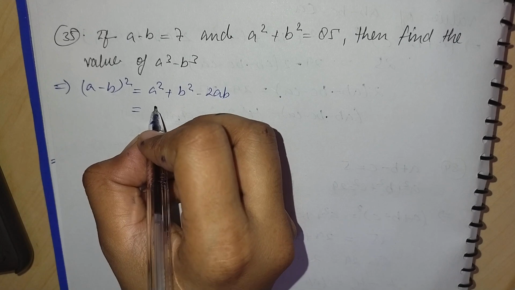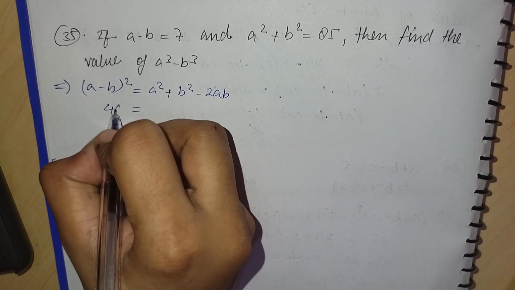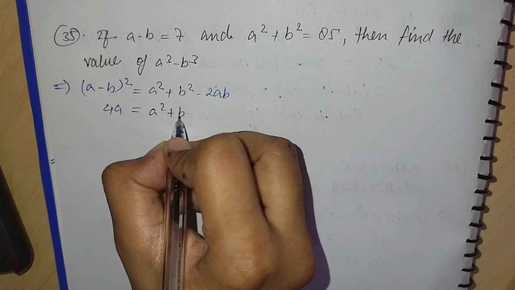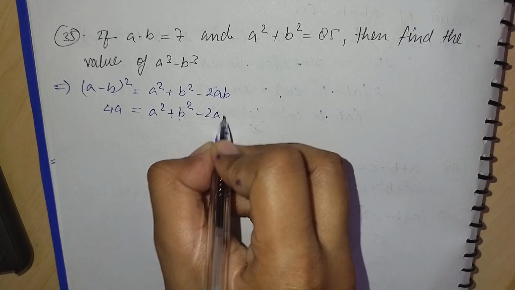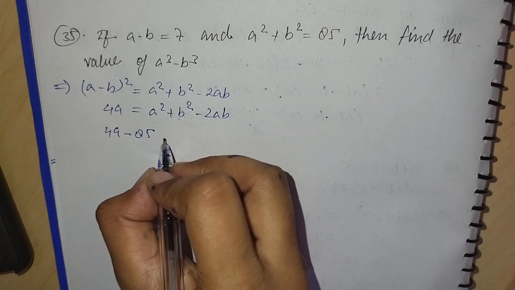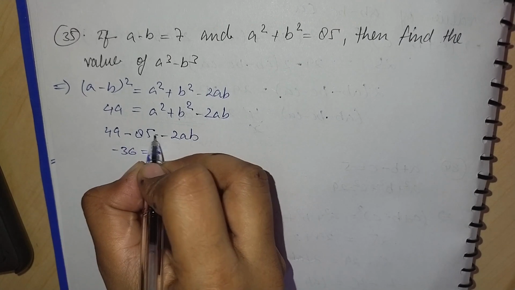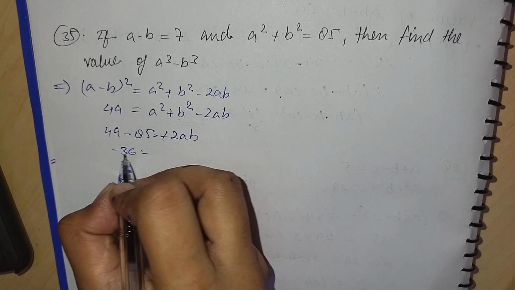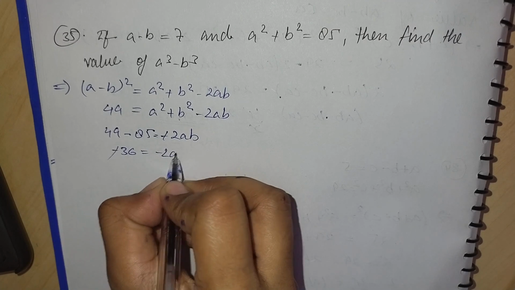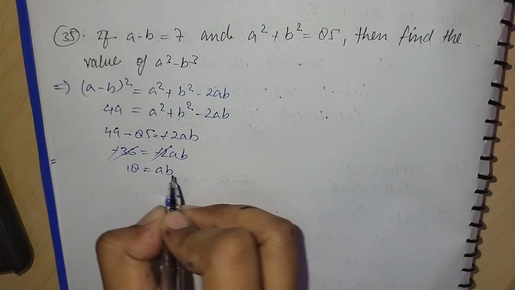Here this is equal to 7 square, 49, a square plus b square minus 2ab, and putting the values we will get 85 minus 2ab. So we will write it as minus 36 equal to minus 2ab, minus will be cancelled from here, and we will get 18 equal to ab.